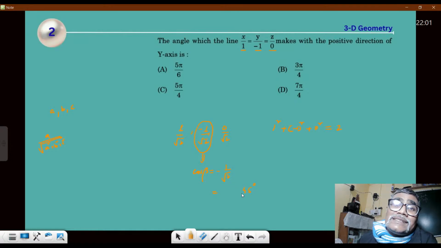And because it is in the second quadrant, it will be 180 minus 45 degrees. That is giving you 135 degrees, but of course it is given in pi, so it is better at the beginning only you write pi minus pi by 4. So your answer is 3 pi by 4. So this is your answer. Answer is B. Move on to the next.